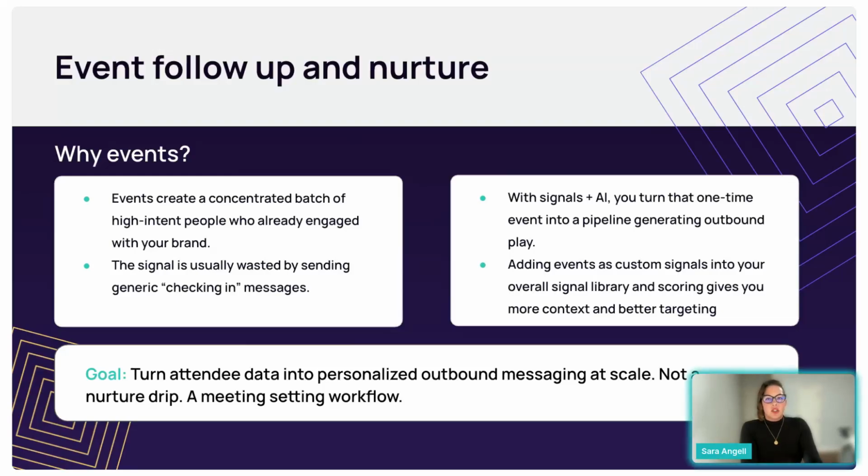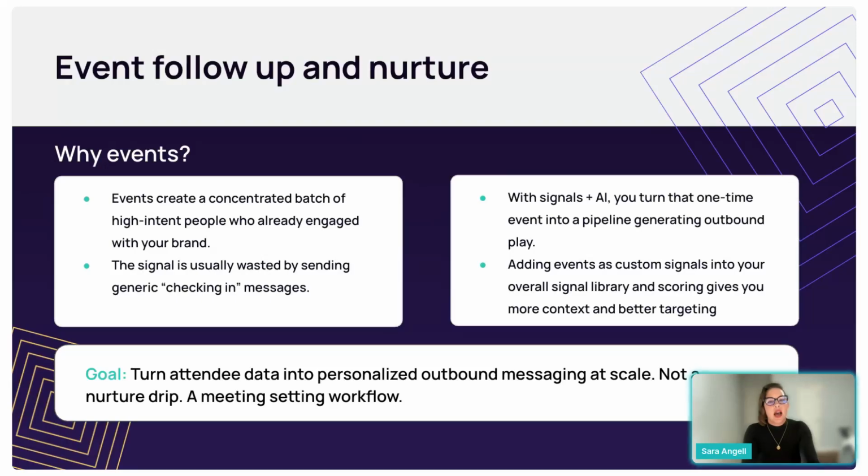What most teams are doing with that signal is just throwing a generic, checking in after the event sort of message that tends to get ignored because it looks like all the rest of everyone else who did the same thing. So what we do instead is take that event data signal plus other signals and then give it to AI to give you relevant personalization at scale. I know it's an overused term, but stick with me. It is what we're actually doing here.